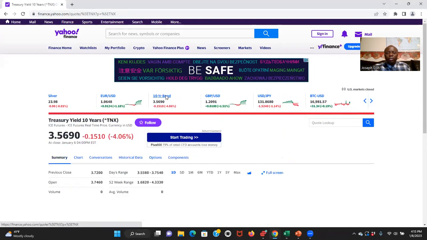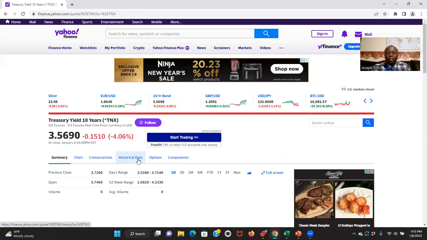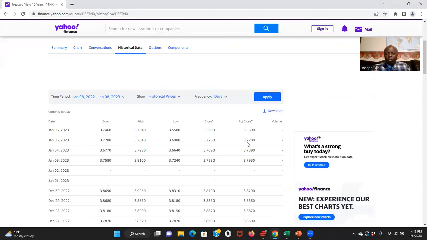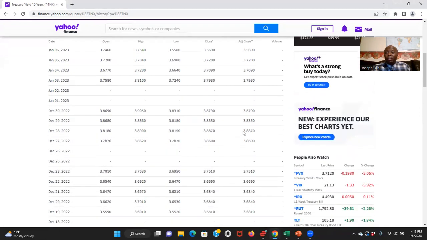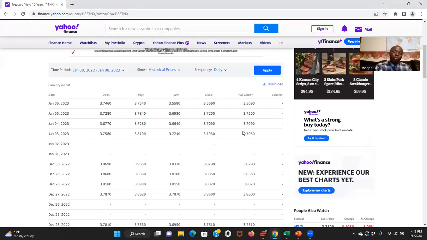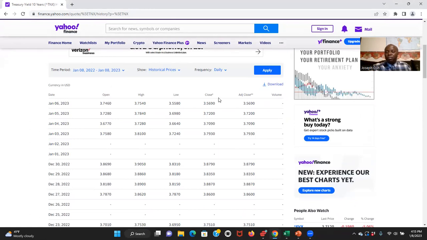I click on it and then look at the historical data for that. Normally I use adjusted close and then use it to calculate my return. I can use the return between 2021 and 2022 as my risk-free rate.